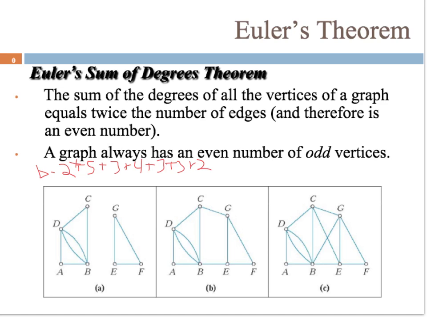So we add all that up, that's 22 total for the degrees of graph B. Now let's count the number of edges. 1, 2, 3, 4, 5, 6, 7, 8, 9, 10, 11. So 11 edges. So that holds true for graph B, and it should for A and C as well. You're welcome to try it yourself.